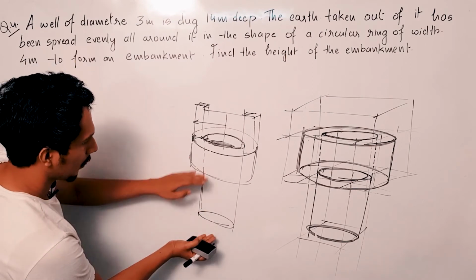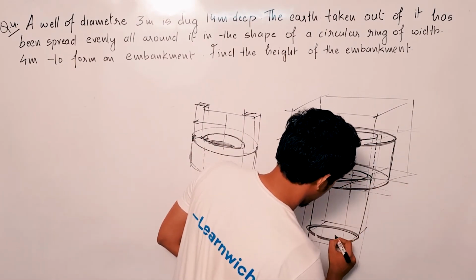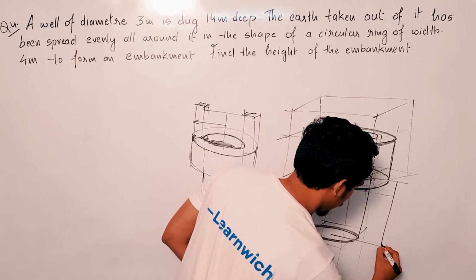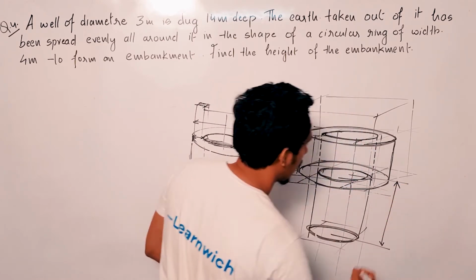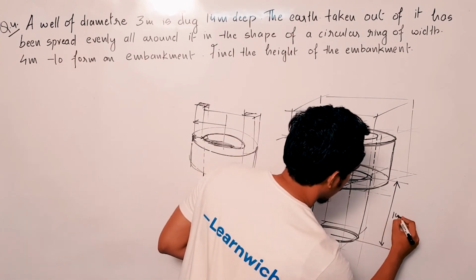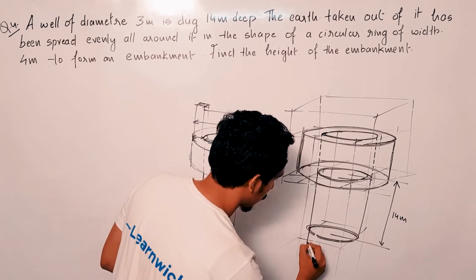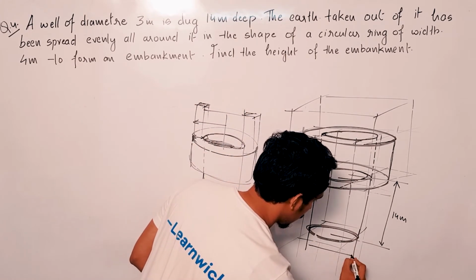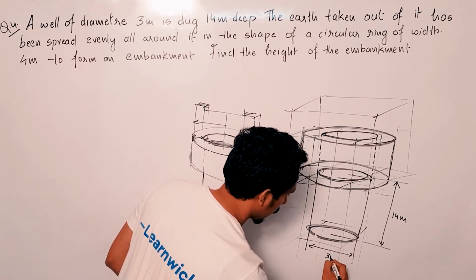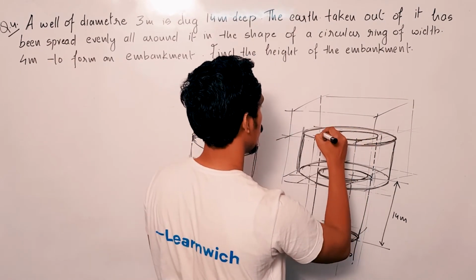You see, this is a well. This portion here, this is the well. Okay, is the height of the well given? How much is the height? 14 meter. Okay, this is 14 meter, and the diameter of this well is also given. So this is 3 meter. Okay, so this will be 3 meter throughout. Okay, here also it is going to be 3 meter, no?